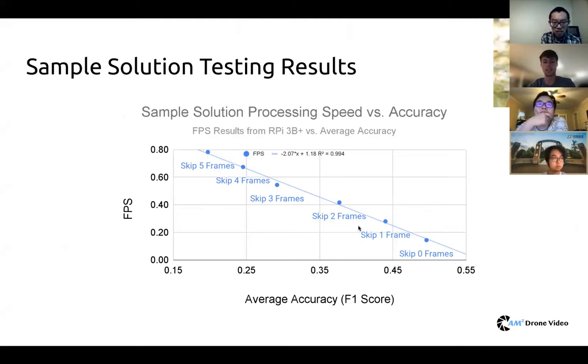And obviously if we're skipping 5 frames each detection cycle, we'll get a higher FPS, but the accuracy goes down. So it's a good metric to show the accuracy and performance trade-off for our sample solution.